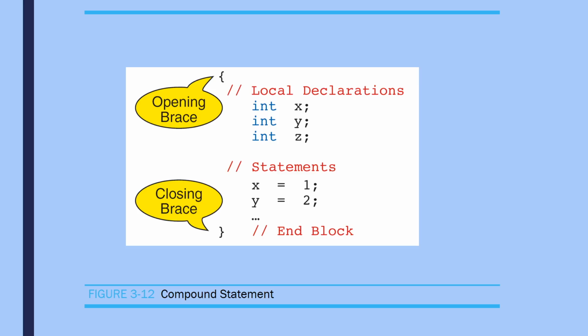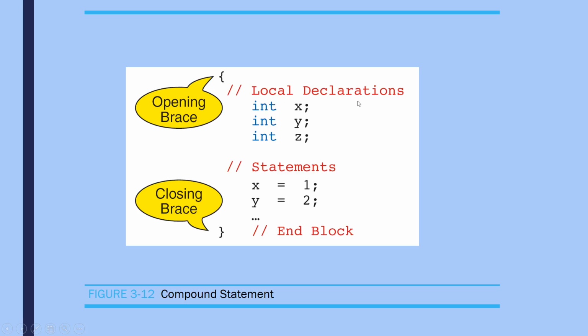Now, this figure shows a compound statement in which we have the opening brace and the closing brace. The opening brace shows the start of the block, and the end of the block is here at the closing brace. And between these braces are the compound statements.